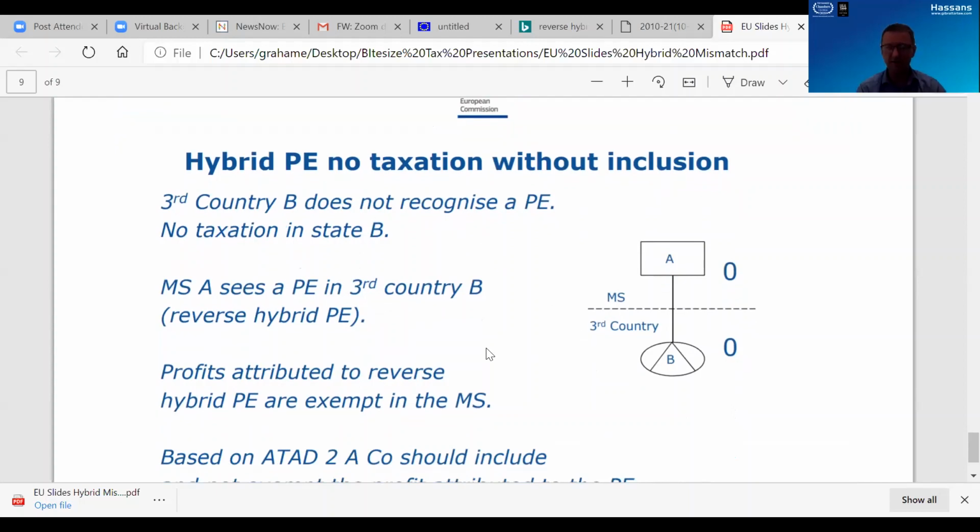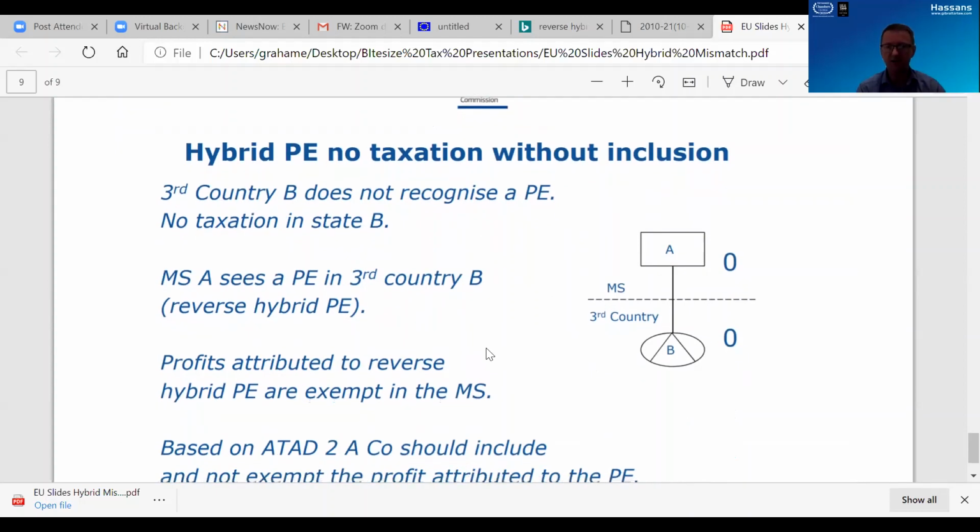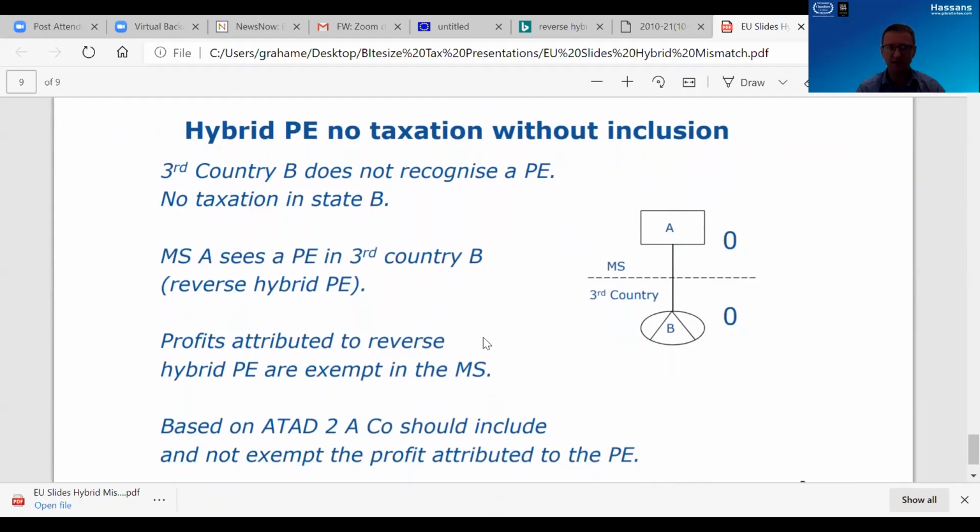Finally, you have a hybrid permanent establishment with no taxation without inclusion. So the third country, the non-member state country, is below the line here, and the third country does not recognise the permanent establishment. Therefore, B is not taxable because there's no taxable presence in the third country.